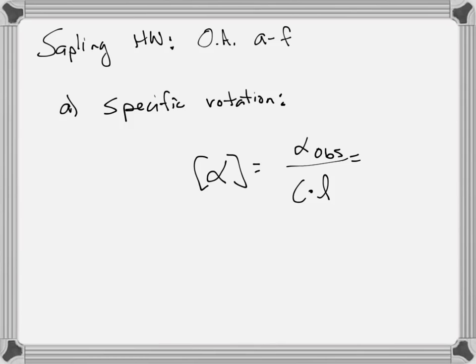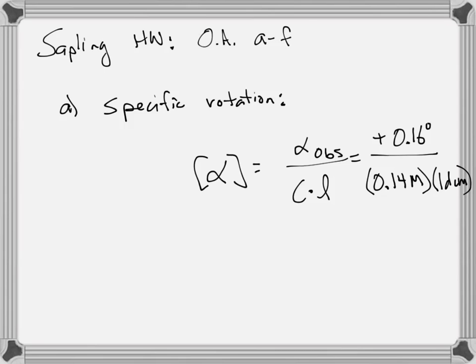In this case, it's our positive 0.16 degrees. What's our concentration? Which we're going to address here is 0.14 molar times our path length, which was 1 decimeter.